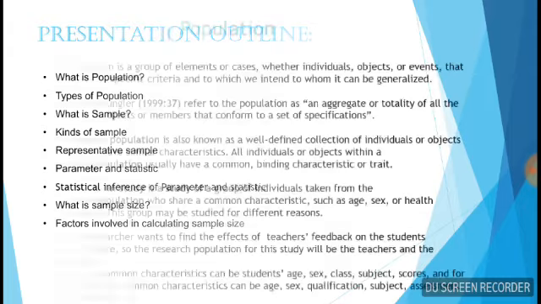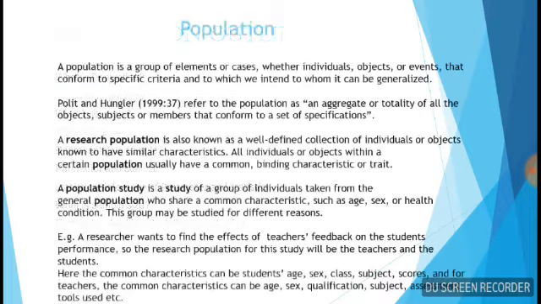A population is a group of elements or cases, whether individuals, objects, or events, that conform to specific criteria and to whom the results can be generalized. Polit and Hungler in 1999 referred to the population as an aggregate or totality of all the objects, subjects, or members that conform to a set of specifications.